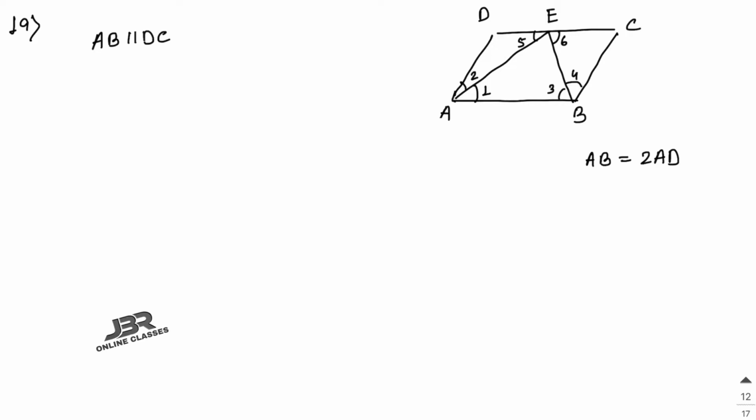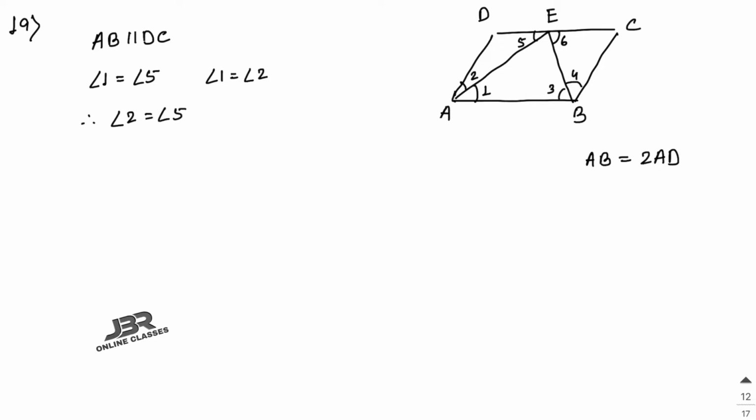So definitely angle 1 is equal to angle 5 because they are alternate angles. And angle 1 is also equal to angle 2 because AE is the bisector. So you can write angle 2 is equal to angle 5.